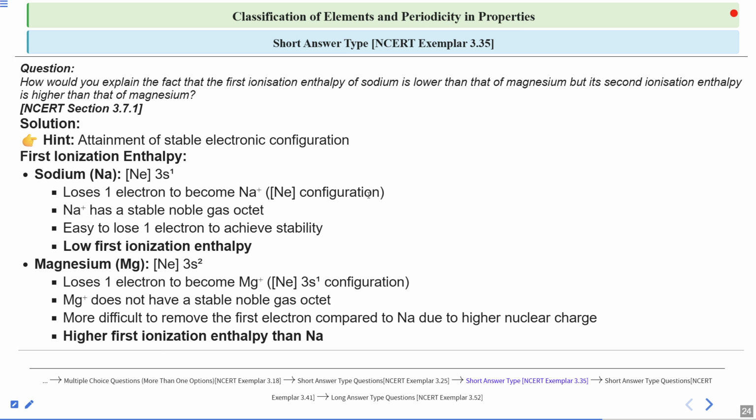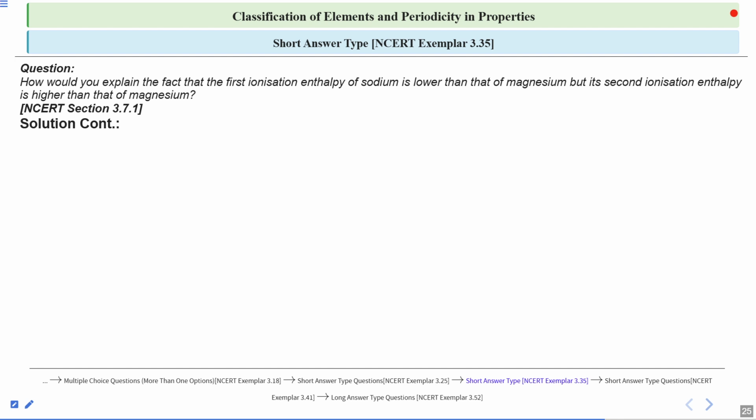Now moving on to the next aspect of the question, which is saying that the second ionization enthalpy of magnesium is lower as compared to the sodium. So just take the opposite case now. If you take the case of second ionization enthalpy, in the case of sodium plus, it is already in the stable form.